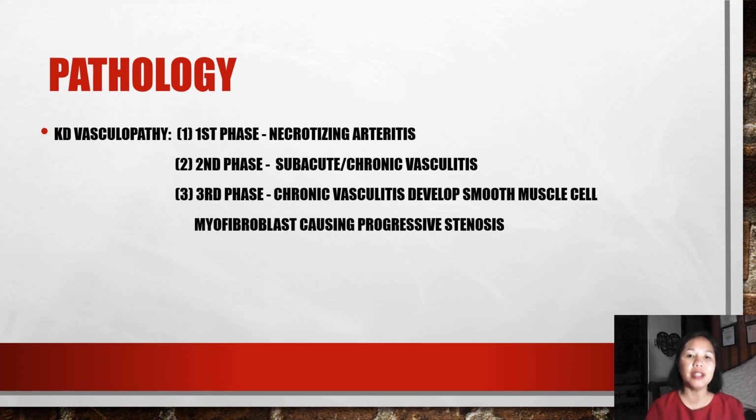Thereafter, there is a lymphocytic infiltration with T cells, plasma cells, and monocytes releasing pro-inflammatory cytokines, interleukin 1B and TNF alpha, and this may continue for months to years in some patients. This is the second phase. The third phase is the proliferation of myofibroblasts in the arterial wall during the chronic phase, leading to vascular lumen stenosis.